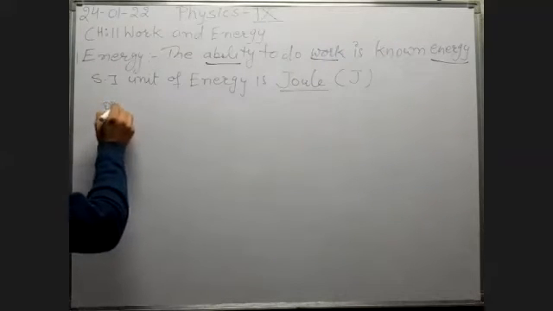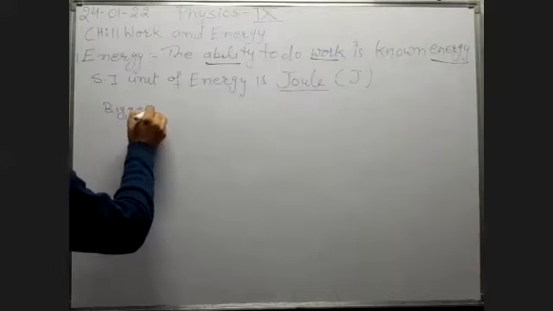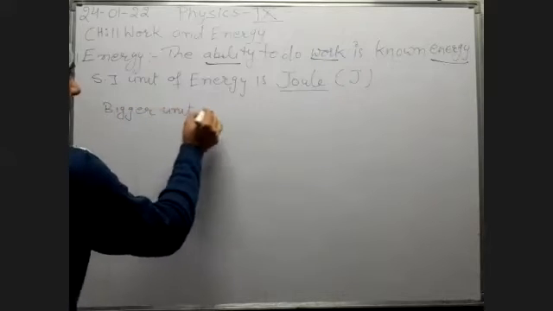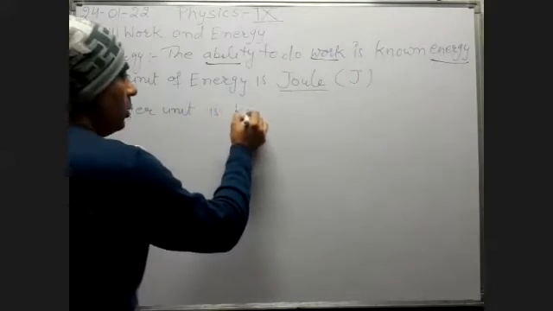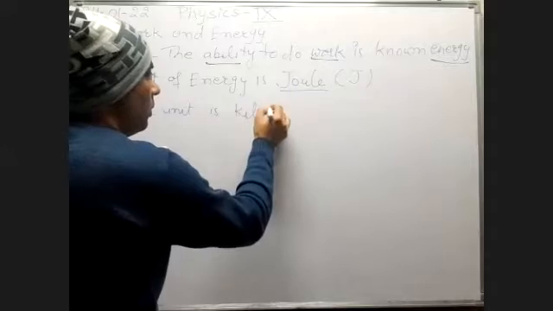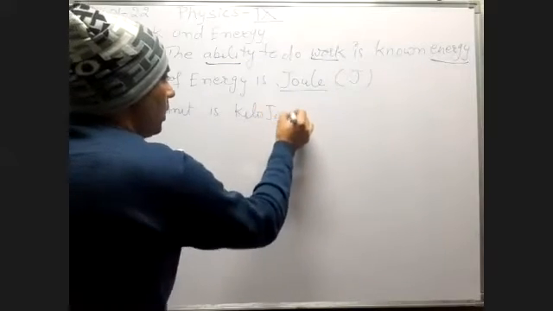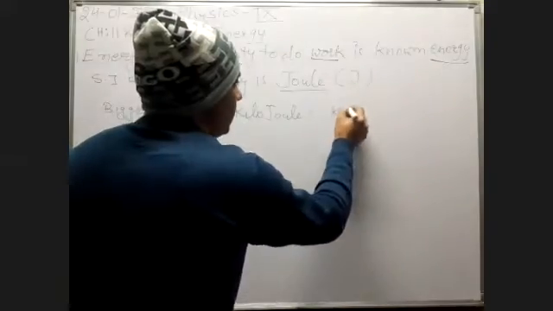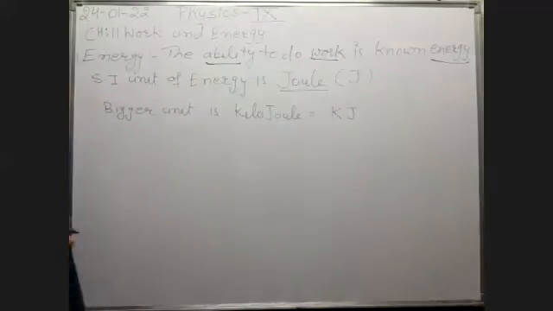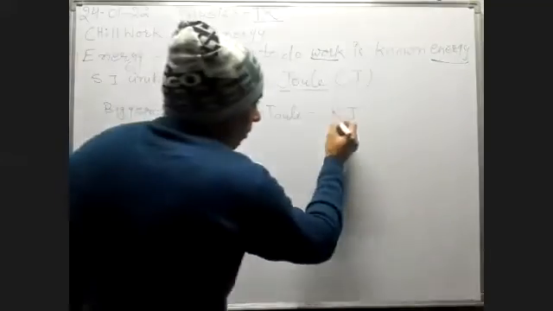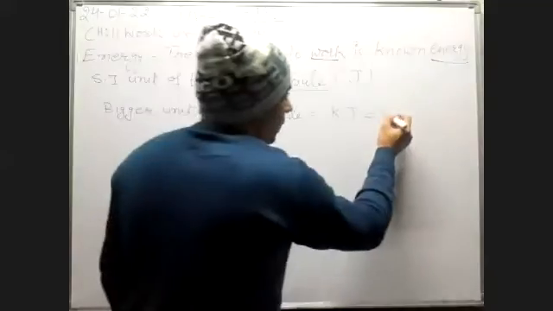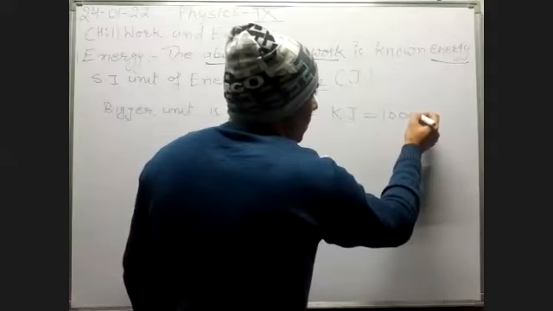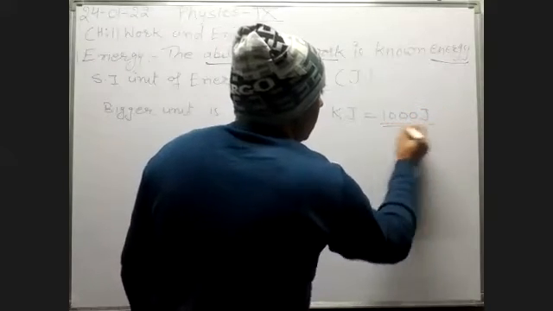What is a bigger unit of energy? The bigger unit is kilojoule. We can write it like this: kJ. Kilo means 1000. So 1 kilojoule is 1000 joule.